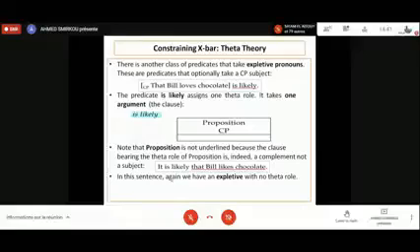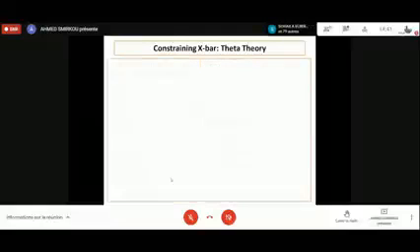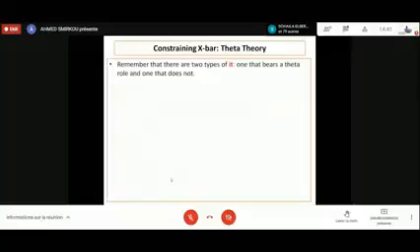So first, this it is called an expletive. Okay. So remember that there are two types of it: one that bears a theta role and one that doesn't. Well, this is very easy. I say, for example, it seems, and I like it. So it in I like it is different from it in it seems. In it seems, it refers to nothing, but in I like it, it is a theme.